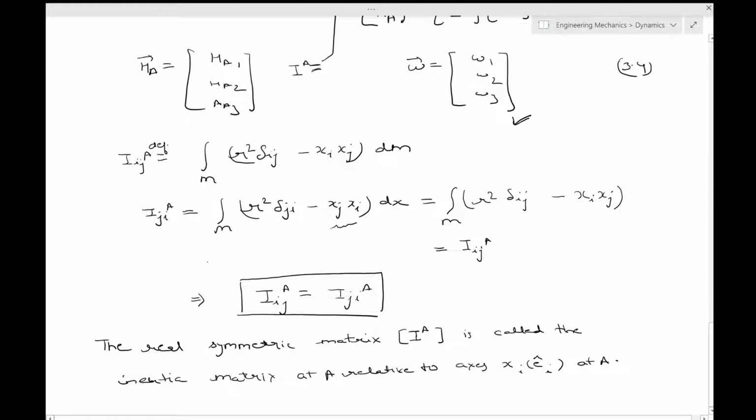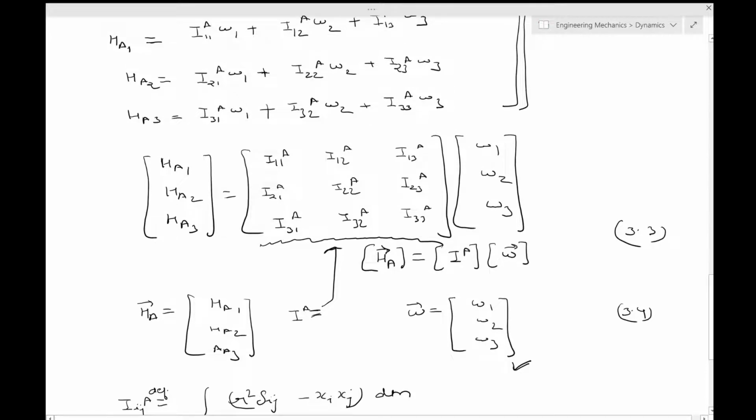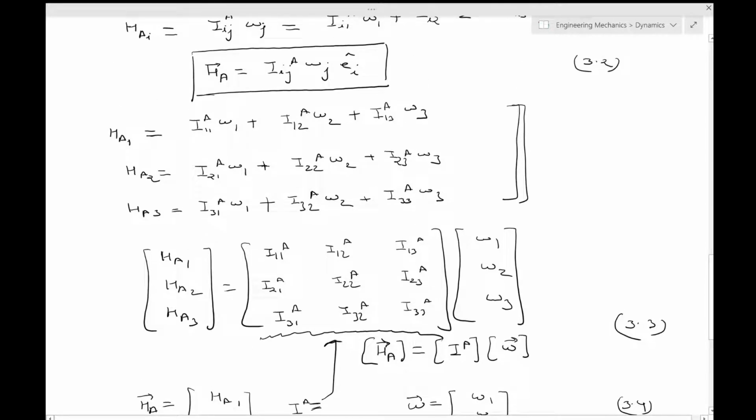Now just by looking at this expression, we want to make a few points. One is that each of the components of H_A, that is H_A1, H_A2, H_A3, individually depend on all three components of omega, which are omega 1, omega 2 and omega 3. So each of the components of H_A depends individually on the components of omega. That's the first thing.